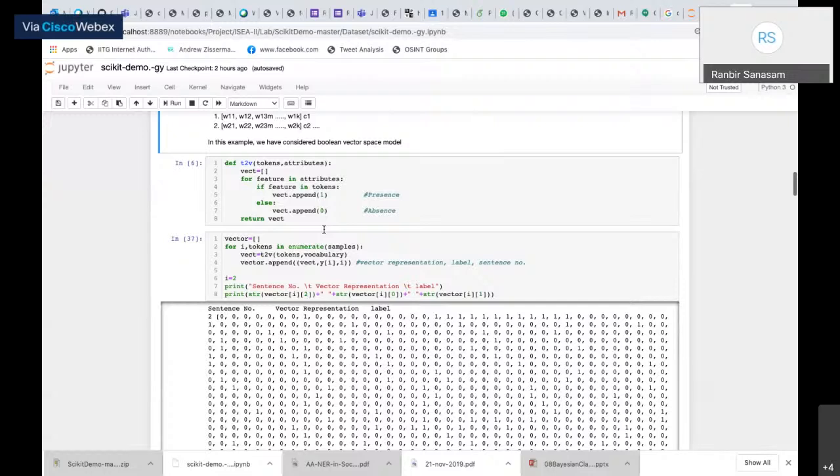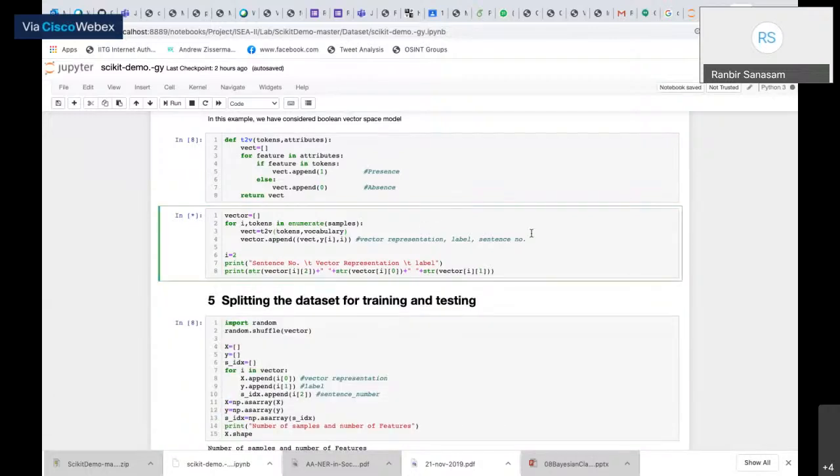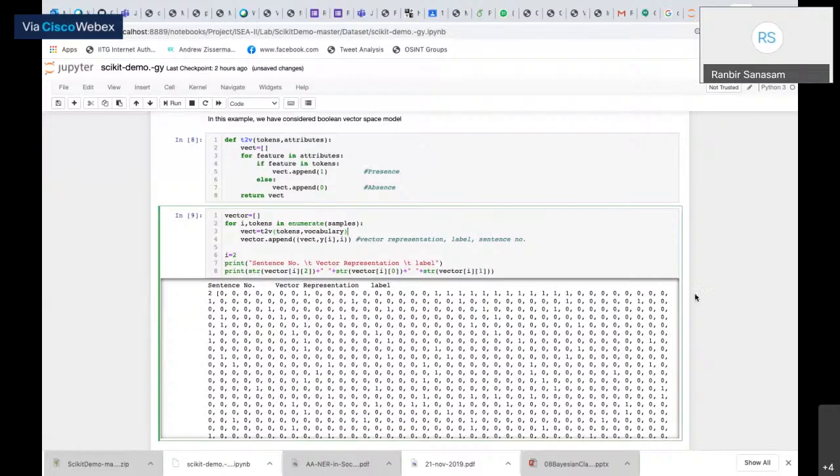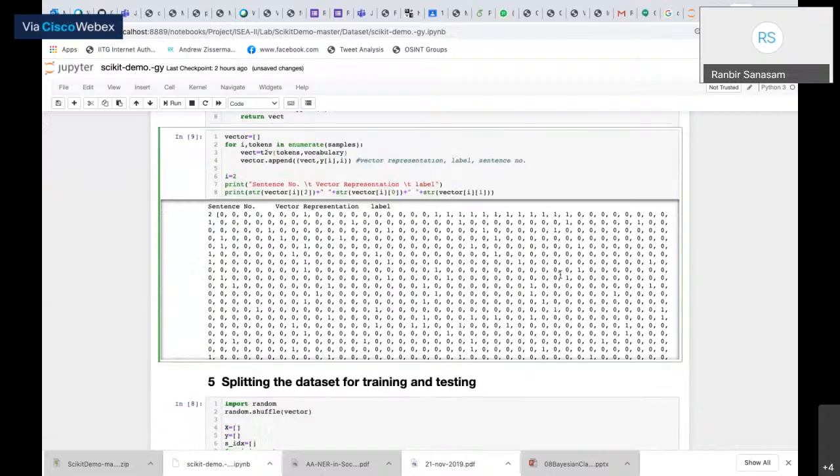So likewise, I put every tweet into a vector. This is just a sample example of how I am creating the vector space model for the first tweet, tweet number 0.